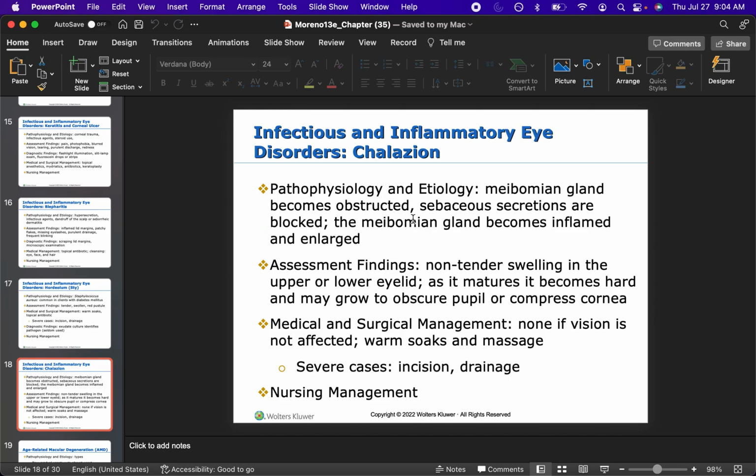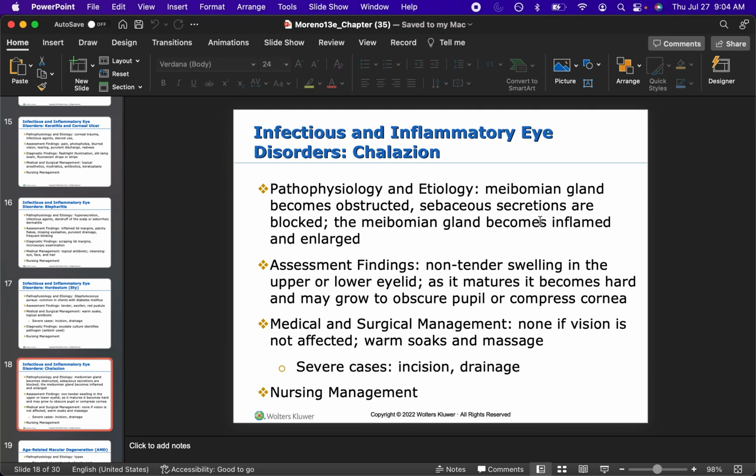Okay, and then lastly, we're talking about this meibomian gland. You'll see this a lot with older adults and dogs. I know this is different, but my little baby, she was 12, poor thing, had a big one in her eye.